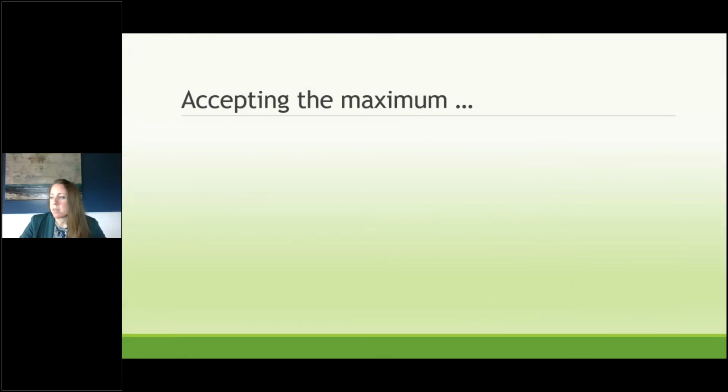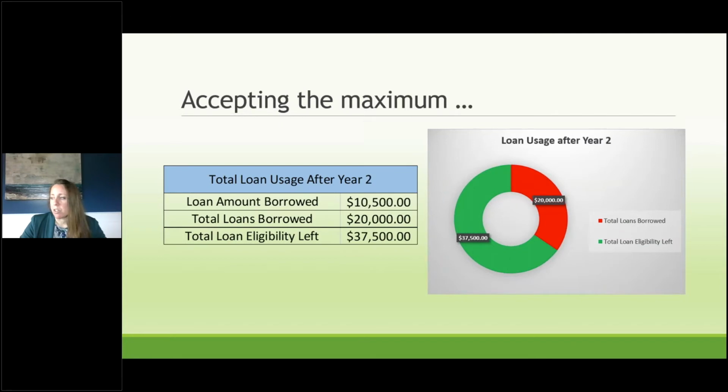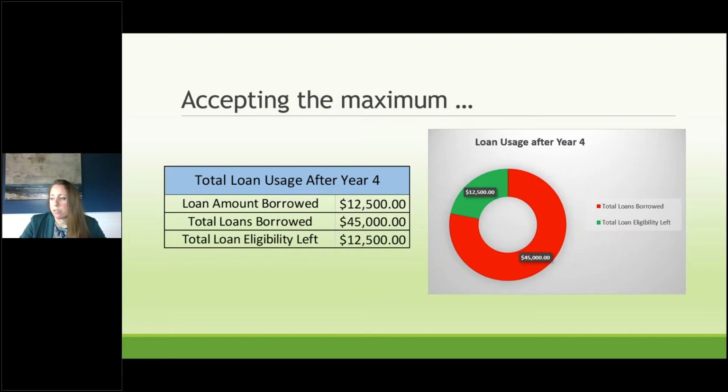So when they accept the maximum amount, after year one, not so bad. Year two, again, now they're accepting $10,500, so the total that they've borrowed is $20,000. Now into year three, we're getting up there. We've used over half. Year four, at that point, we've borrowed $45,000, getting towards the end of eligibility.